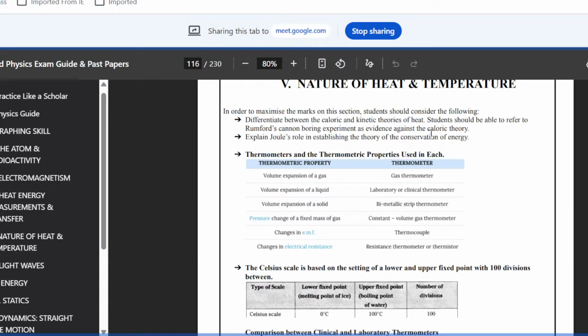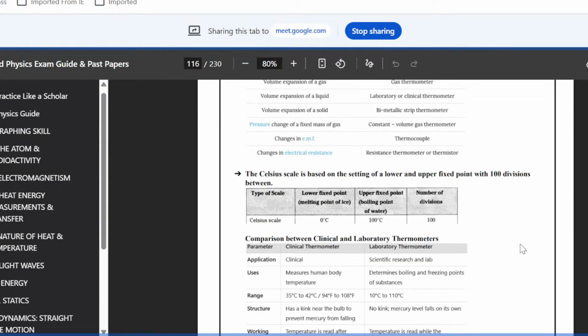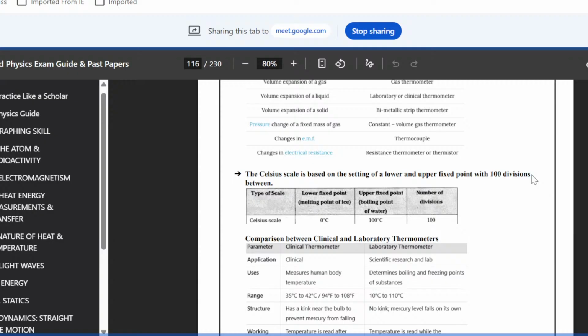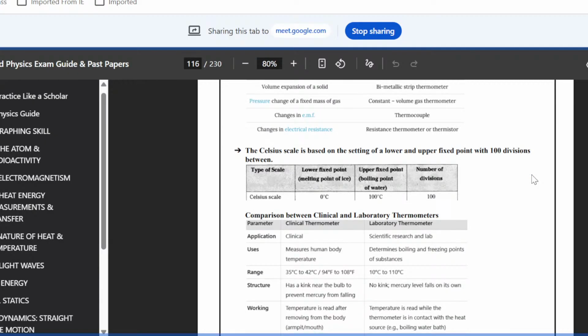So definitely don't ignore that. Alright, and the principle that they're based on. So what do you mean for thermometer? You didn't learn about that? Yeah, man. Different types of thermometers.